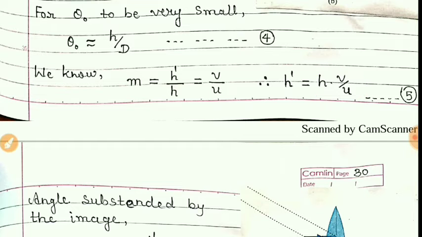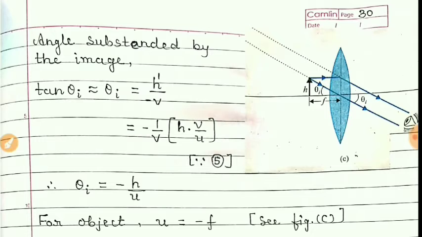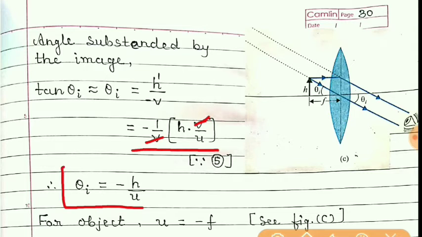So putting this from equation 5, we get minus 1 upon v into h v by u. Now v will cancel. What remains? Minus h by u. So theta I is equal to minus h by u.